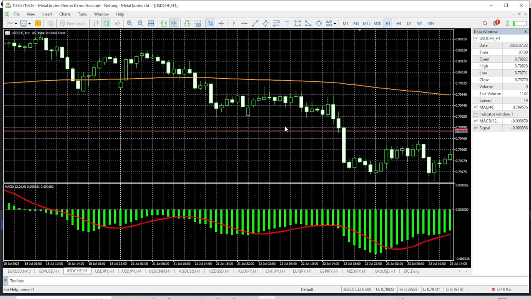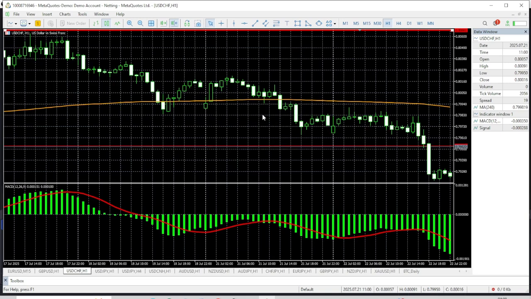Though you may think that they are closely related, there is a difference between 200 and 240. 40 is that difference. Do not trade against EMA 240. It is a serious mistake, a big mistake traders make. So that is common mistake one.